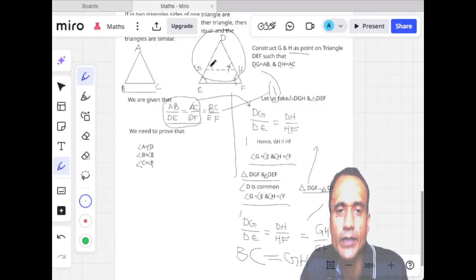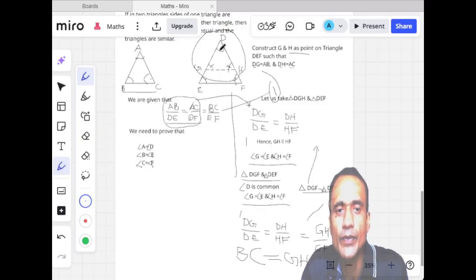So if they are congruent, this angle is equal to this angle, and this angle is equal to this angle. And we already know, by means of these two parallel lines, this angle is equal to this. So angle E is equal to angle B. H is equal to F and H is equal to C. So that means C is equal to F.